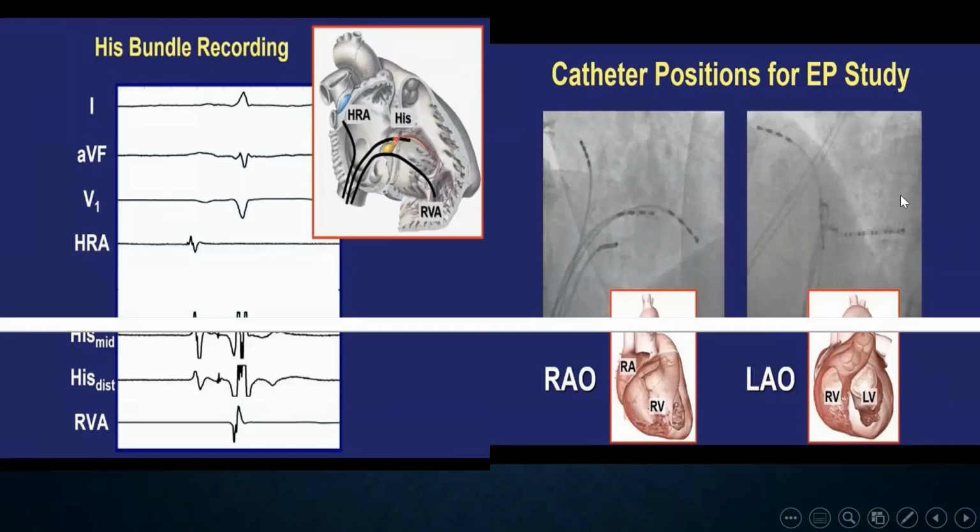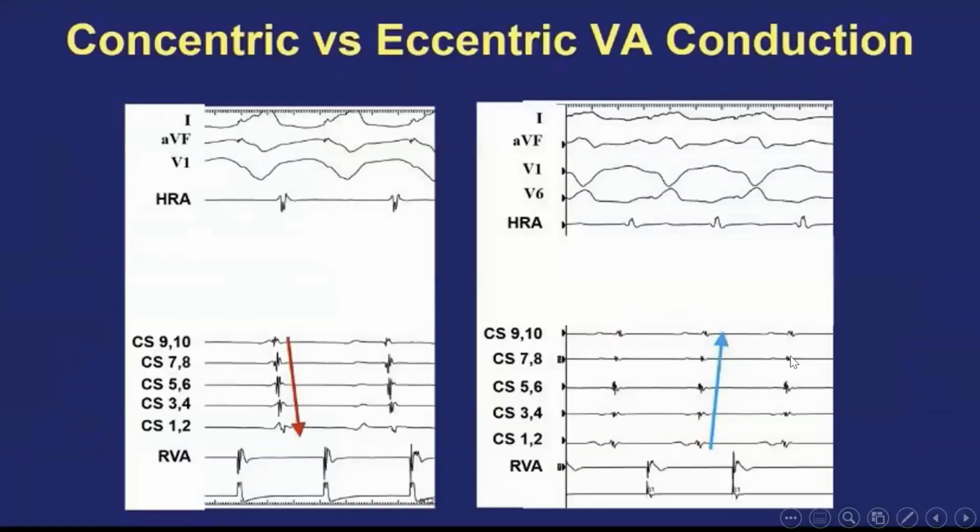Usually through an accessory pathway, usually left lateral. And this is called eccentric VA conduction. This eccentric VA conduction usually occurs with an accessory pathway, right or left lateral.